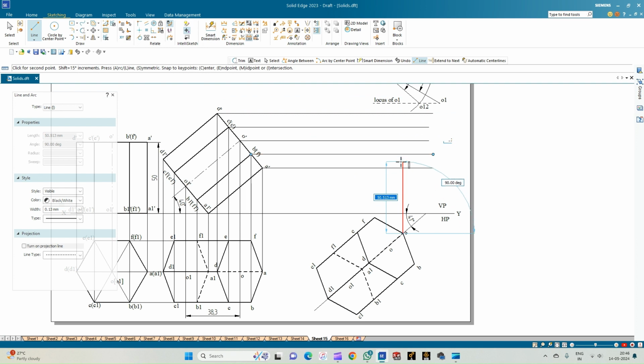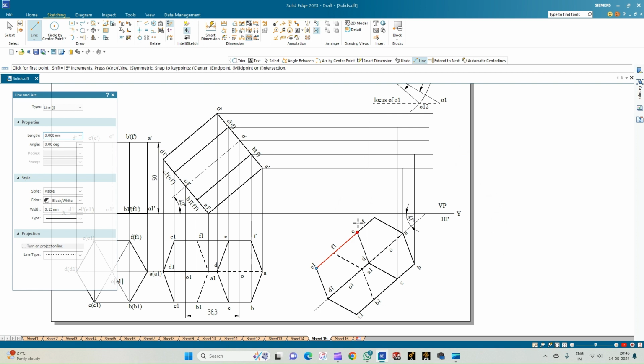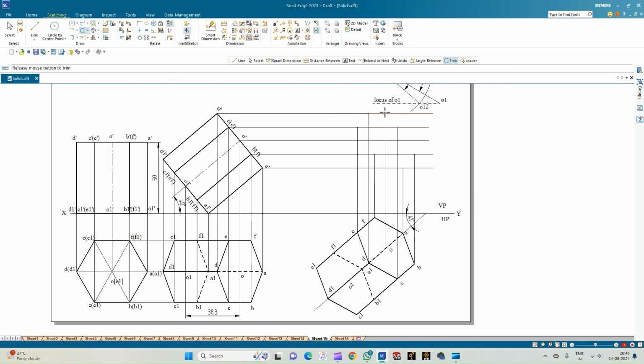From corner A, let us intersect that with the corner A of the front view, and then corner B is on this line, corner C will be on this line, corner D is on the topmost line, corner E is on the projection line of C as well, F is on the projection line of B, and then O is here. Use the trim option to trim the lines which are not required for the construction.